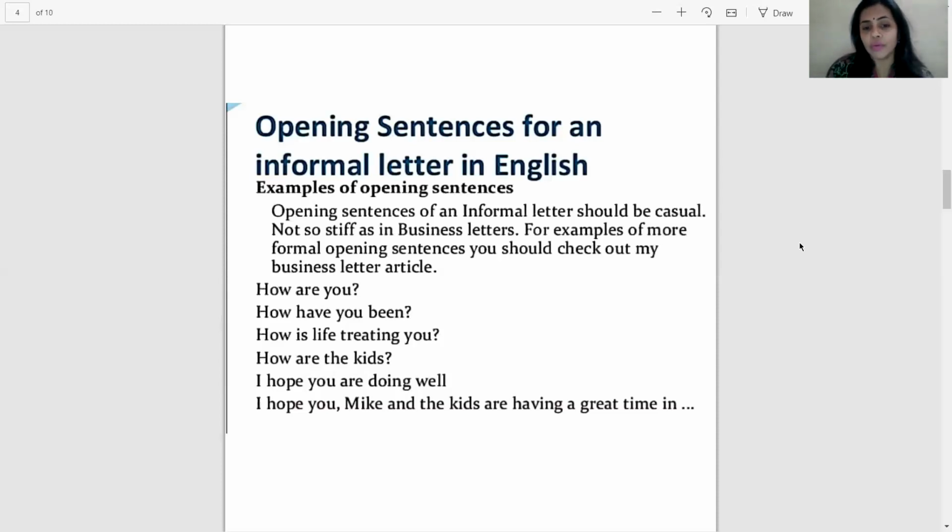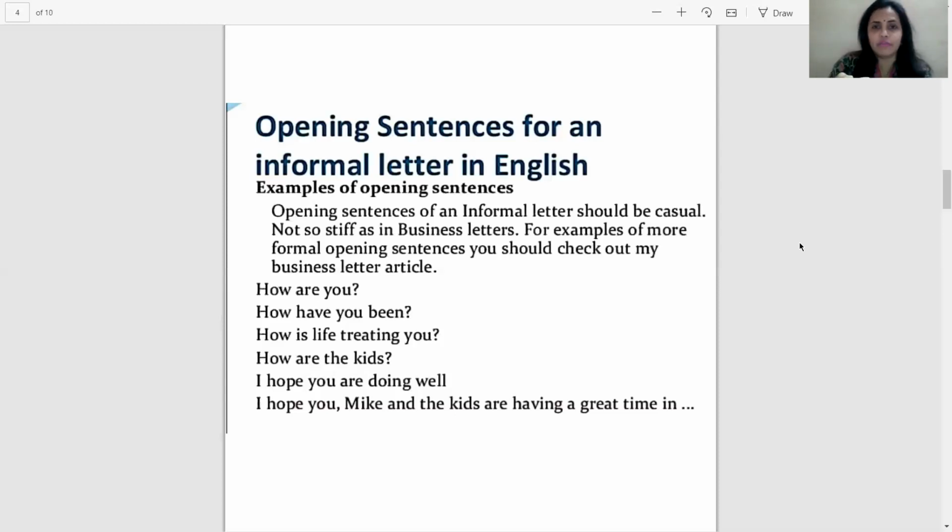Another question you can use is, how have you been for such a long time? Suppose you have not written for such a long time to your family or to your friends or to the relatives, so you may also say, how have you been? That means for such a long time, how have you been? How is life treating you? Could be another. See, you don't have to use all these questions altogether.